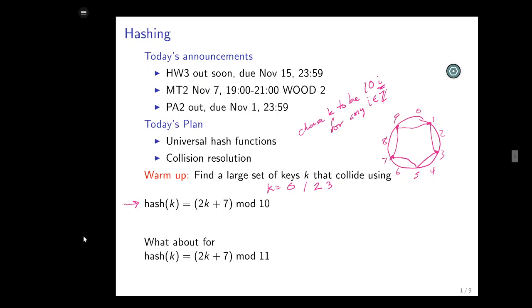For this hash function, 2 times k plus 7 mod 10, those are the values that are produced by choosing k equals 0, 1, 2, 3, 4, 5. I did 5. And then what happens?